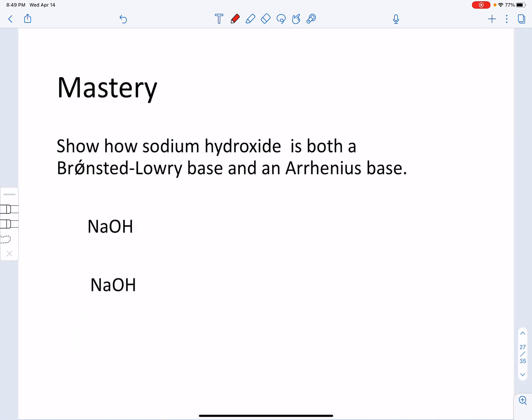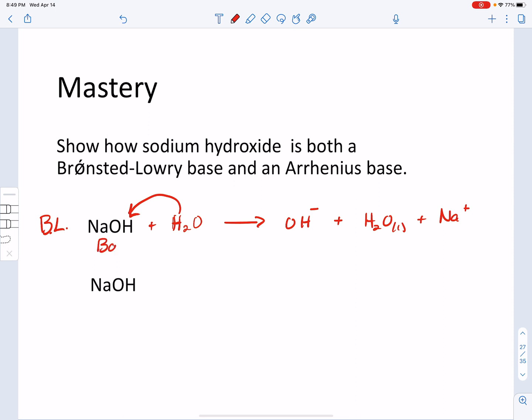Show how sodium hydroxide is both a Bronsted-Lowry base and an Arrhenius base. We'll do our Bronsted-Lowry base first. We're going to have to show how a proton is being moved. This one's a little bit more complicated. We have a proton that's going to be moved from my water to my NaOH, because my NaOH is my base. It's going to be accepting. We'll go back and write it in blue so we can keep some sort of pattern here.